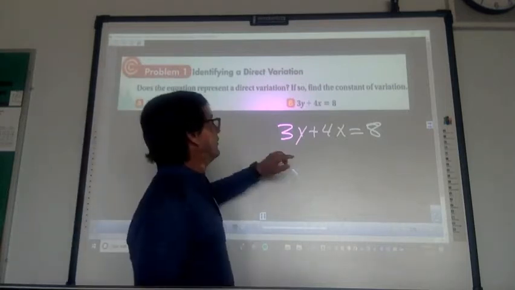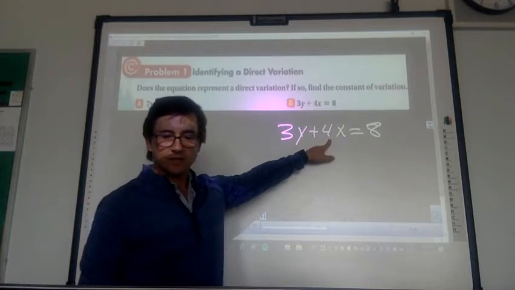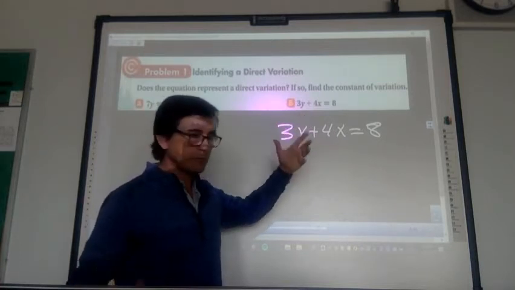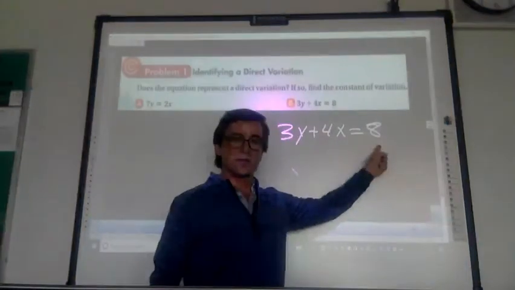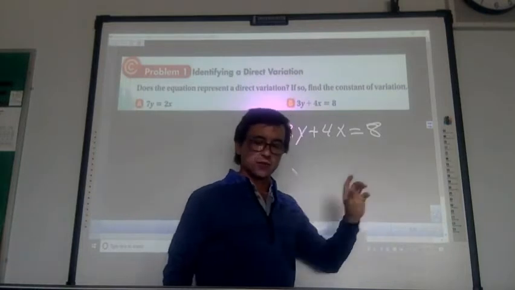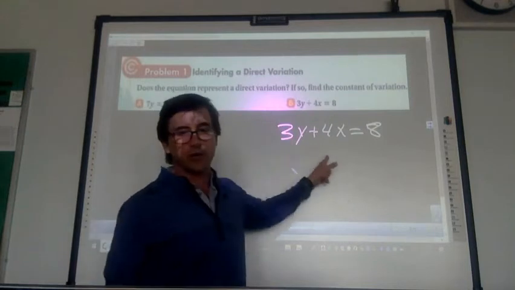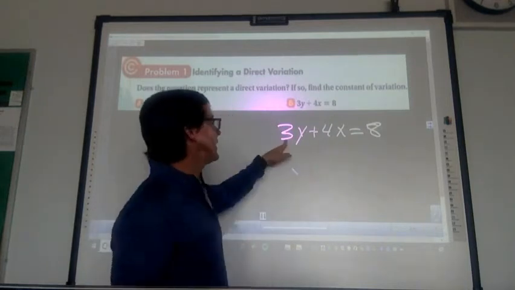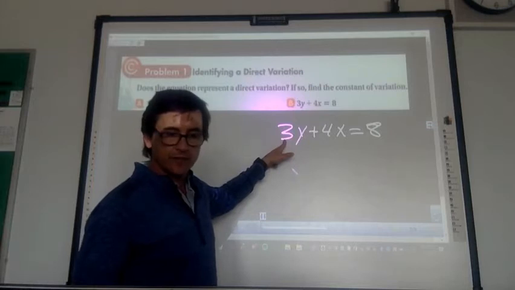Okay, let's talk about this. So, Anna, how do I get rid of this plus 4x? Do you subtract it? Yeah, perfect. Subtract 4x from both sides. When you move this over to the right side, make sure you write negative 4x plus 8. So write that x term first. And then what's the next step? Once that 4x is over on the other side, how do I get rid of this 3? Dawson, what do you think? Subtract 3?